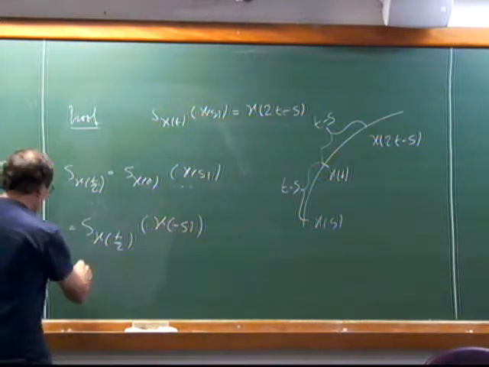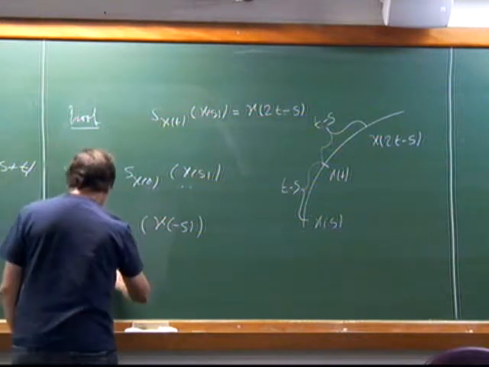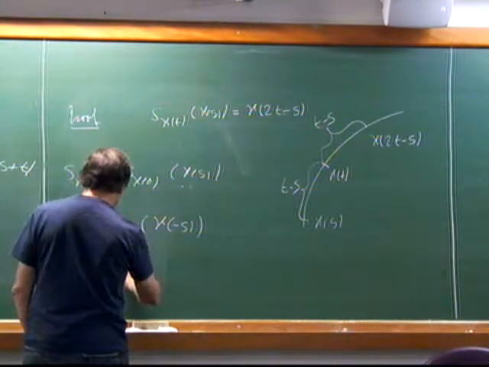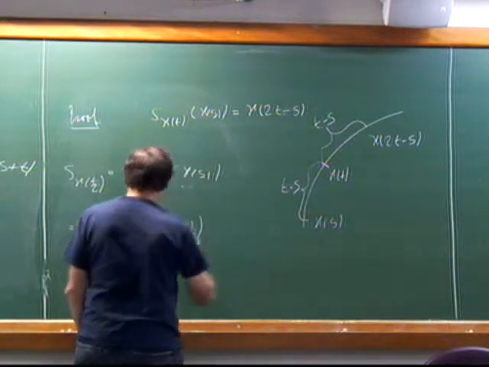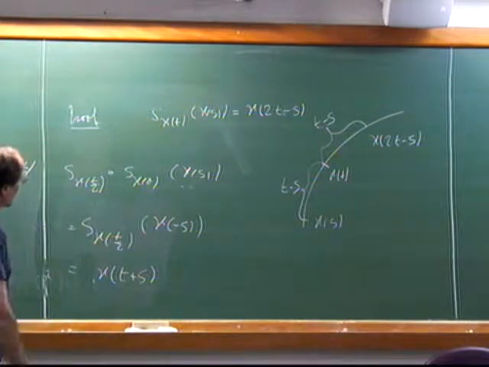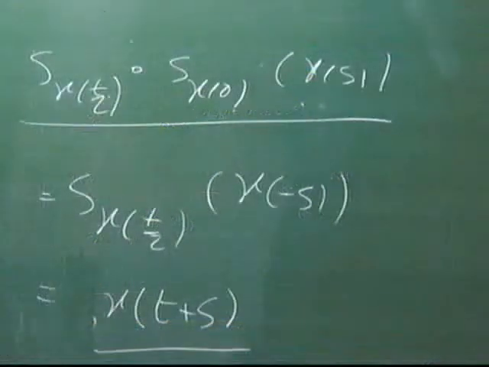Then S gamma t over 2 takes this to gamma of 2 times t over 2, that's t, minus minus s, which is plus s. So indeed, it takes gamma of s to gamma of t plus s. It just translates along the geodesic. That's one reason why they call them transvections: things that translate along the geodesic are called transvections.